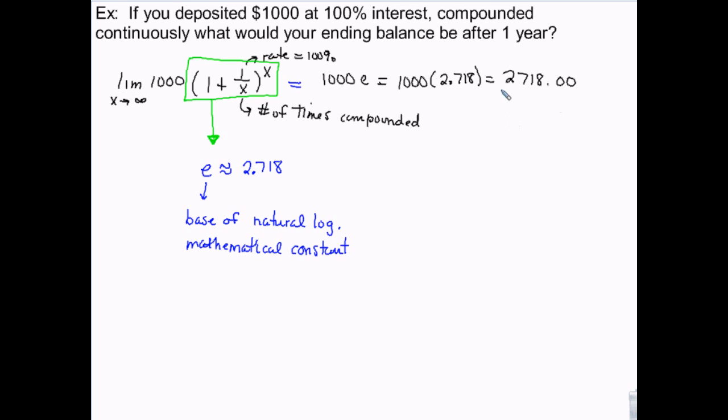Now, continuous compounding is happening an infinite number of times per year. So it's like every nanosecond calculations are occurring. Except that would take up a lot of computer power, right? So limits were used to derive the formula to figure out what the result of all of those infinite compoundings would be.